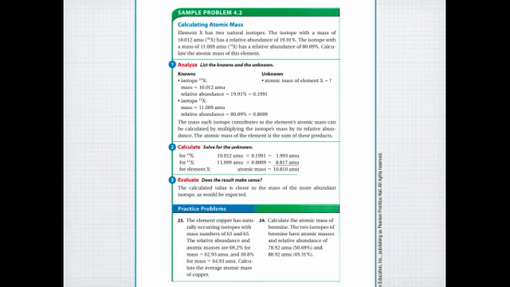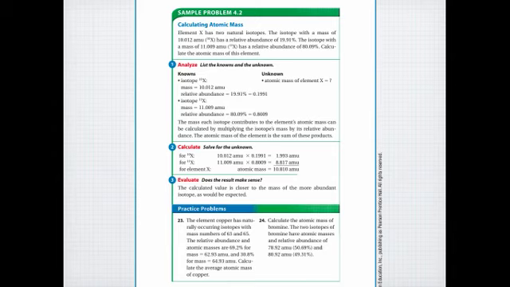Alright, so take a look at these problems. Notice that for the element X, whatever we're talking about here, the isotope has a mass of 10.012 and a relative abundance of 19.91, and the mass 11.009 and relative abundance of 80.